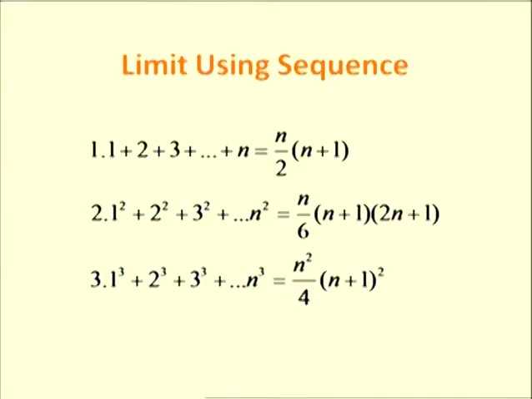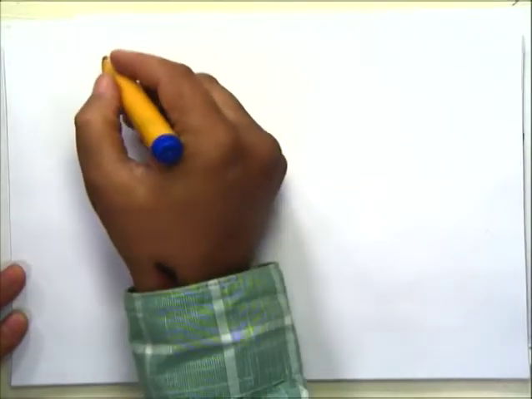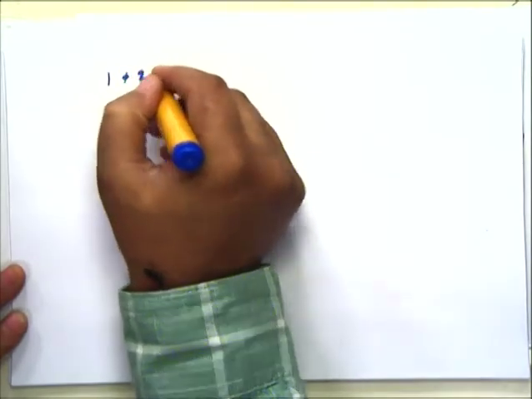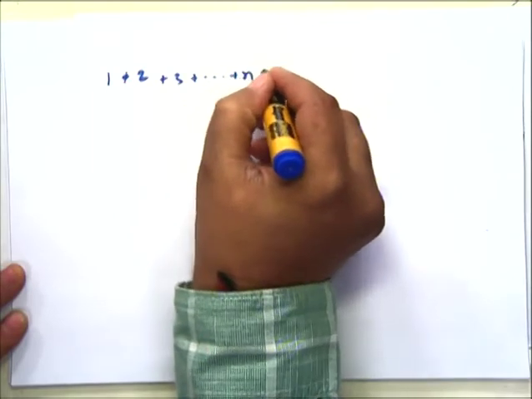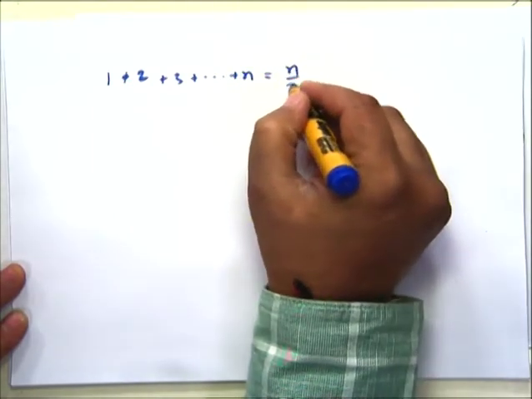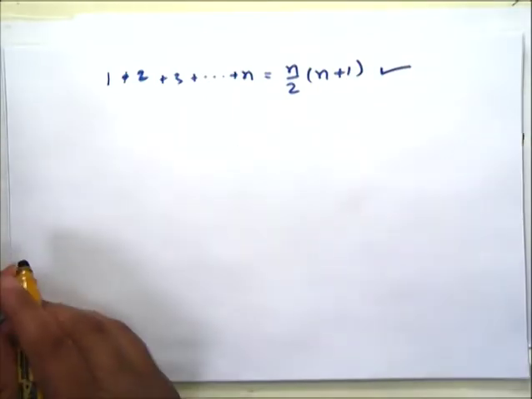Now let us use the tabletop. With the help of this sequence, 1 plus 2 plus 3 up to n is equal to n by 2 into n plus 1, we will use this in our example.